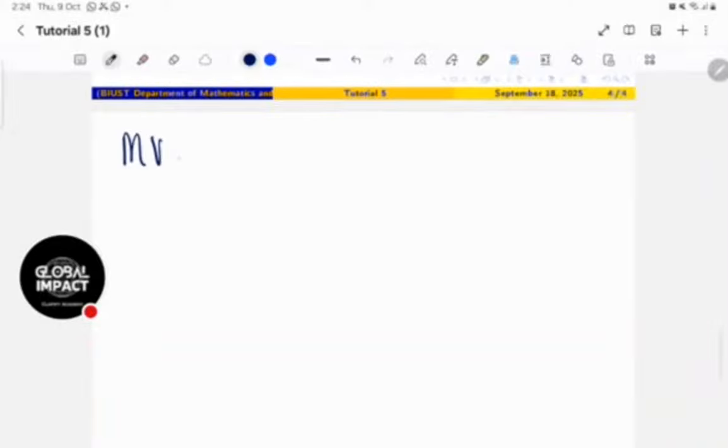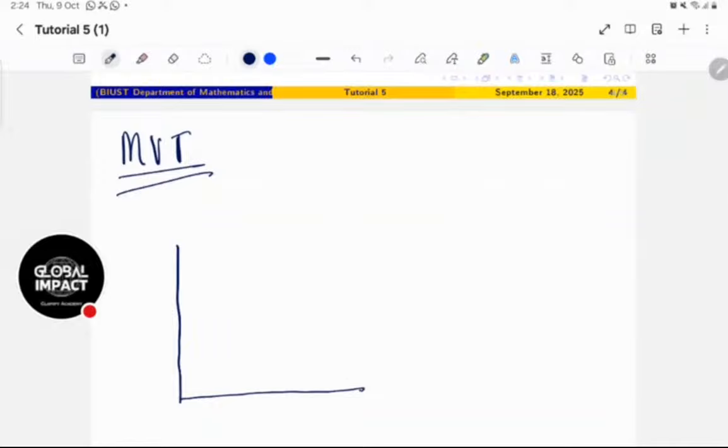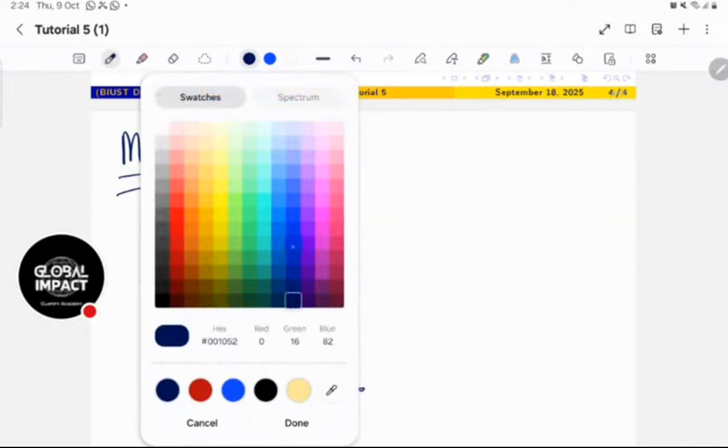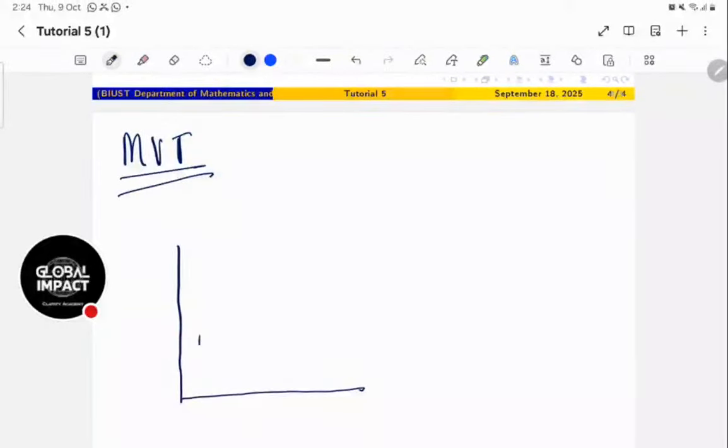We don't have time. The mean value theorem says that if I have, this is my graph, if I ever have a line which cuts my function 2 times, so here is my function, it's a curve. If I have a line which cuts the curve at 2 positions, like this, it's called a secant line, okay? It's cutting your curve.